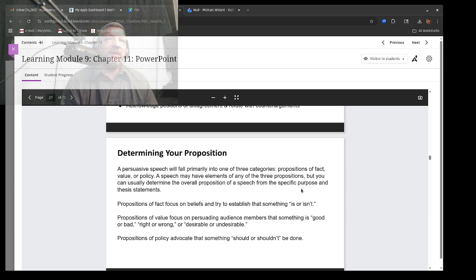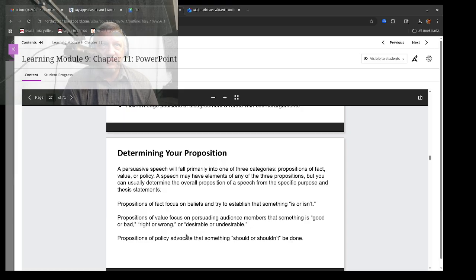When you think about a persuasive speech, they typically fall within three categories: propositions of fact, propositions of value, or propositions of policy. Propositions of fact focus on beliefs and try to establish that something is or isn't.